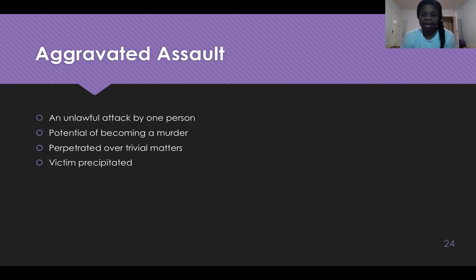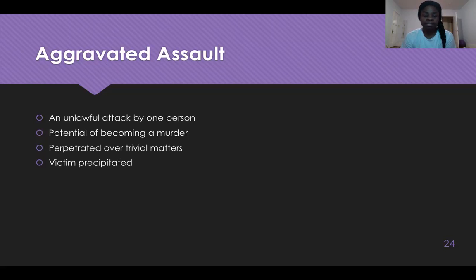Aggravated assault. Aggravated assault is the most frequently committed of the violent crimes. Each such incident carries the threat of ending up as criminal homicide. But for speedy access to medical treatment, many of them would have been. So aggravated assault is the unlawful attack by one person.